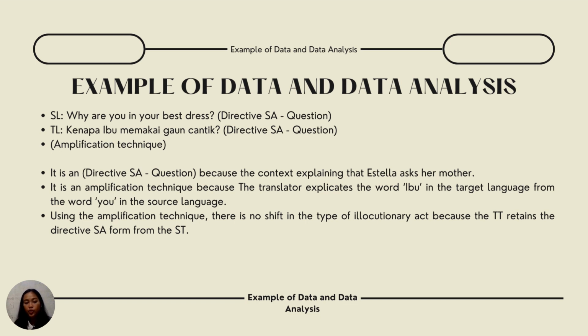And the technique to translate this utterance is the amplification technique. So the explanation is it is a directive speech act question because the context explains that Estella asked her mother about why are you in the best dress.